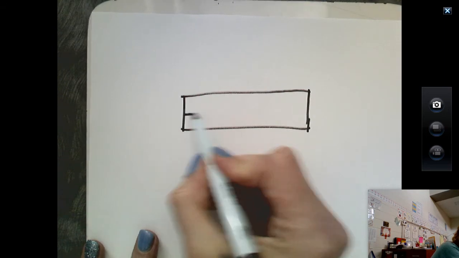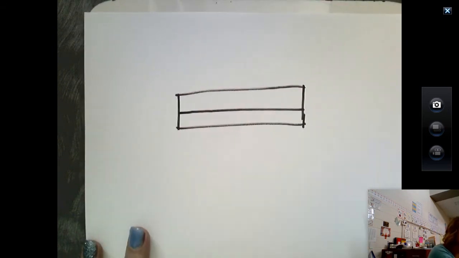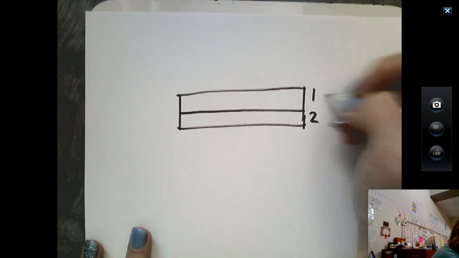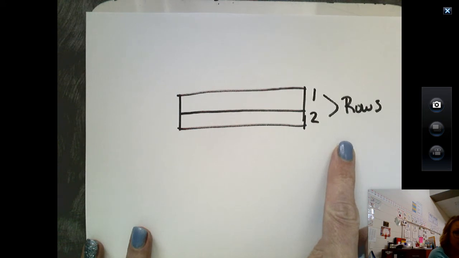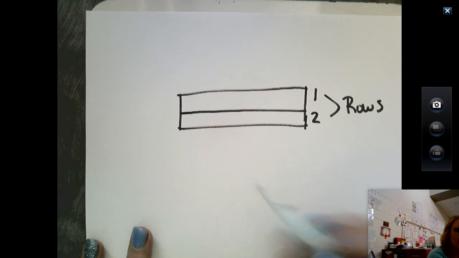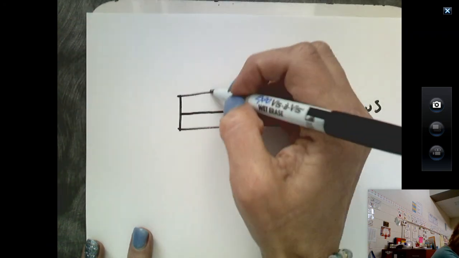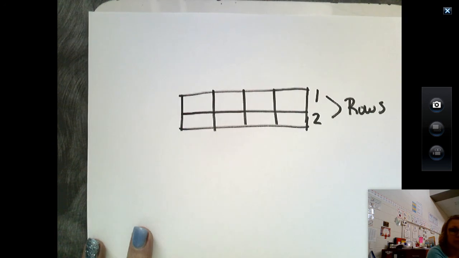So I'm going to draw a line from side to side. Now I have made 1, 2 rows from side to side. Now, to make columns, remember we said columns go up and down, I'm going to draw lines up and down. 1, 2, 3. Drawn 3 lines.